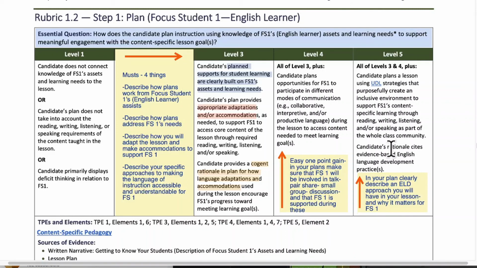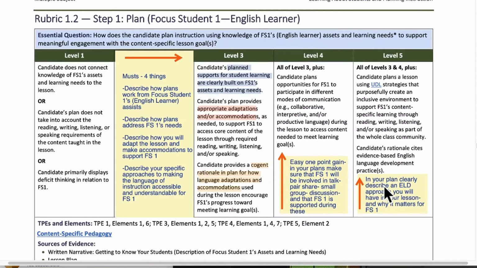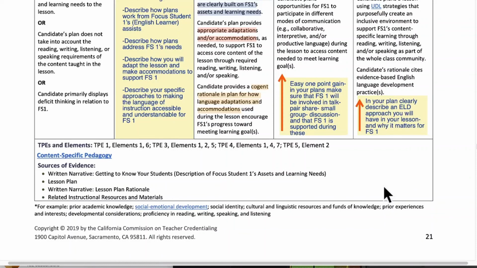So if they say reading, writing, listening, or speaking, as we said over here, you want to make sure those are happening. But in this case, in the evidence, you need to talk about ELD standards, ELD approaches. I need to use that term. An ELD approach to supporting students in mathematics. So for this second rubric, your evidence is through narratives, your lesson plan, and lesson plan rationale and materials again.